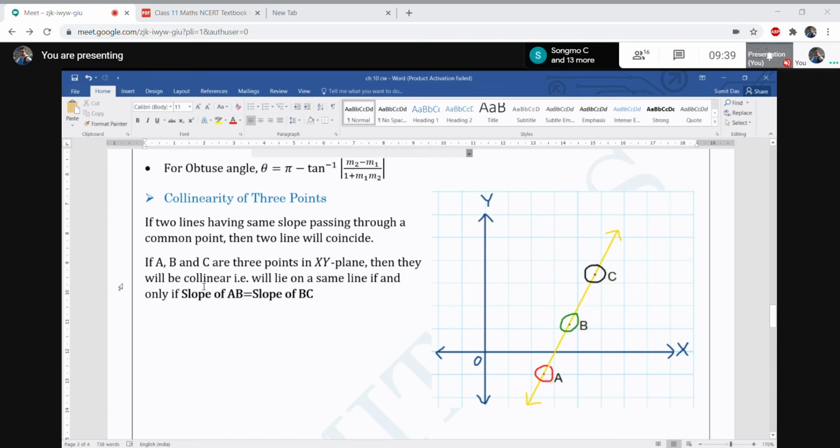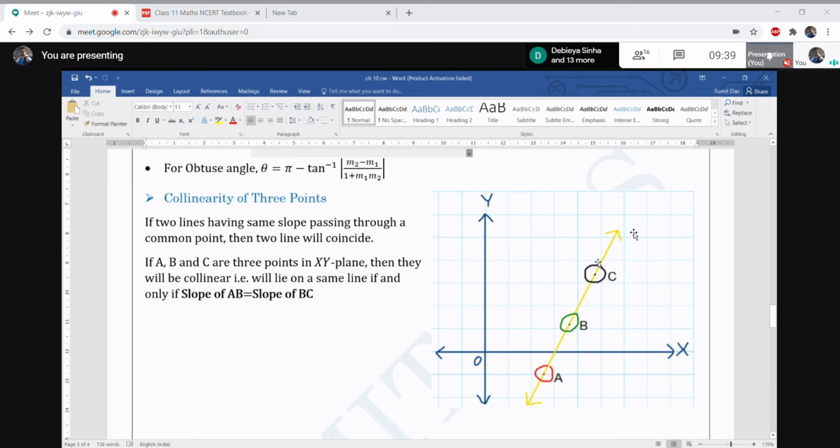So if A, B, C are 3 points on the XY plane, meaning the Cartesian plane or 2D plane, then they will be collinear, that is, they will lie on the same line. The condition is that the slope of AB equals the slope of BC.